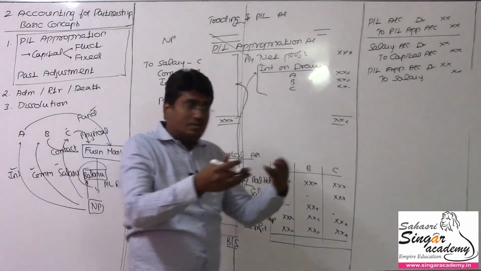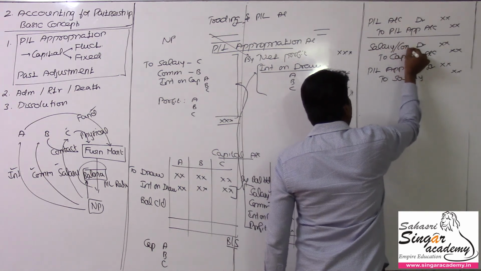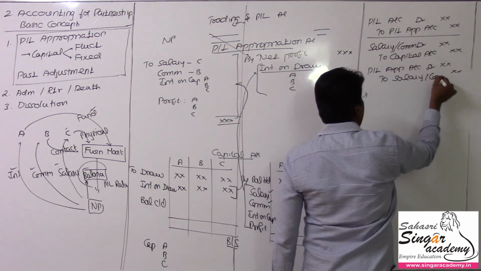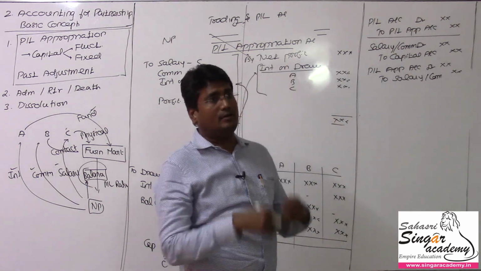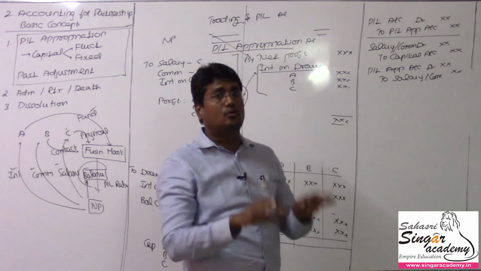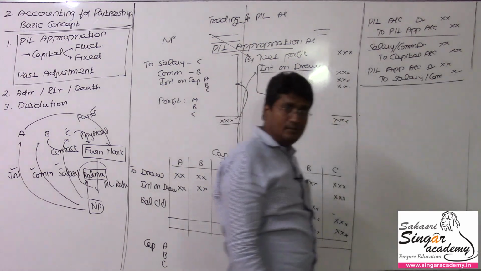What about the commission? The same way. So rather than writing again, I name it as commission. Salary or commission, whatever it may be, that will be debited to the respective partners' capital account. Then later P&L appropriation to the salary and commission. Of course, you have to repeat the same for the interest on capital too.